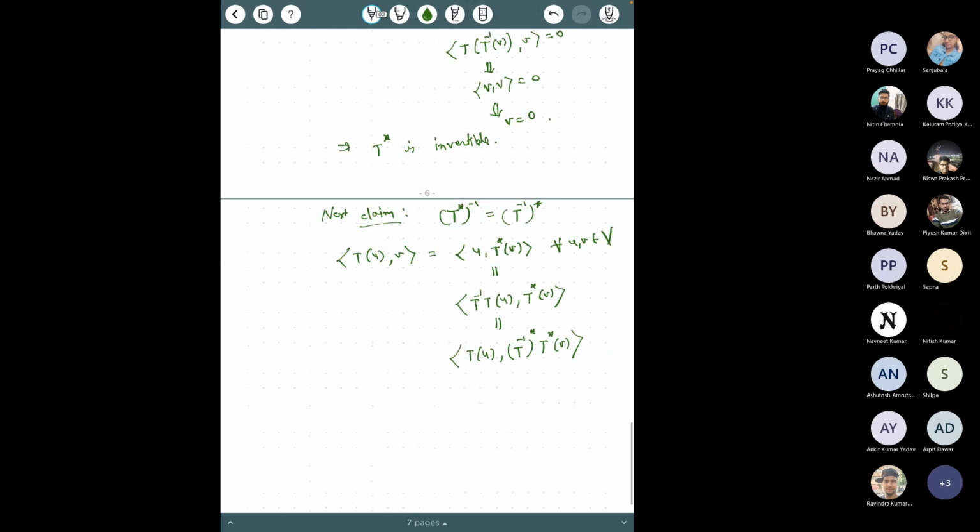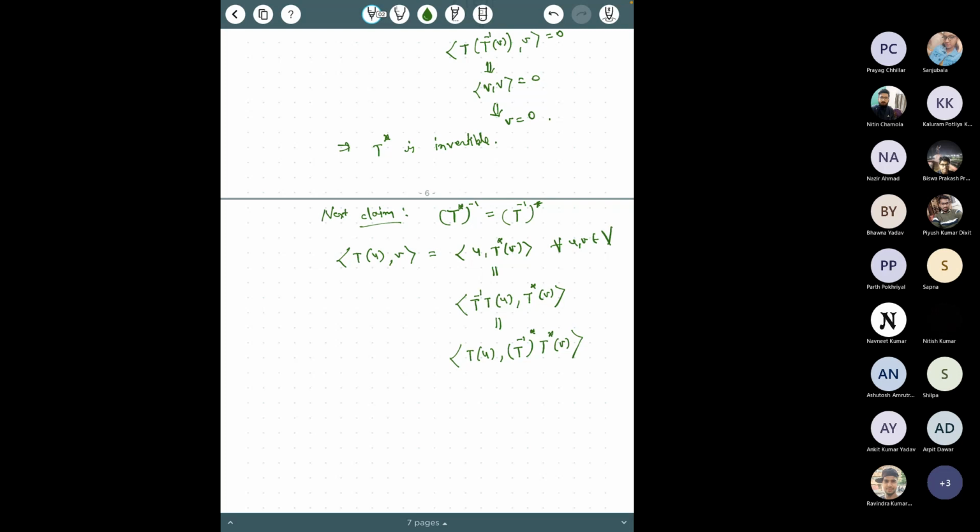Yes, because I have already shown that T inverse exists. T inverse is given to us. Since T is a linear operator, T inverse is also a linear operator, and it's on a finite dimensional inner product space. So we can also talk about the adjoint of T inverse. We have already proved that, so there is no harm in it. So I'm taking now the adjoint of T inverse here. This is what I have done here.